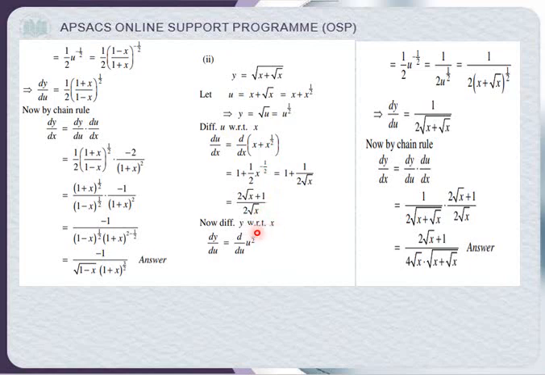After this, the power rule applies, and then dy by du, the answer is this. Now by chain rule, what is chain rule? Dy by dx is equal to dy upon du and du upon dx. Just put the values in the formula and you can get the answer.